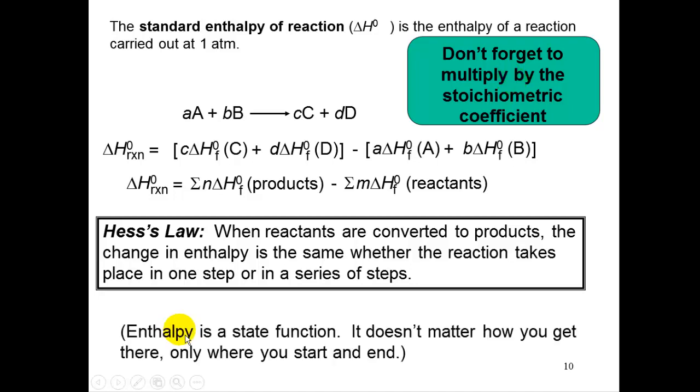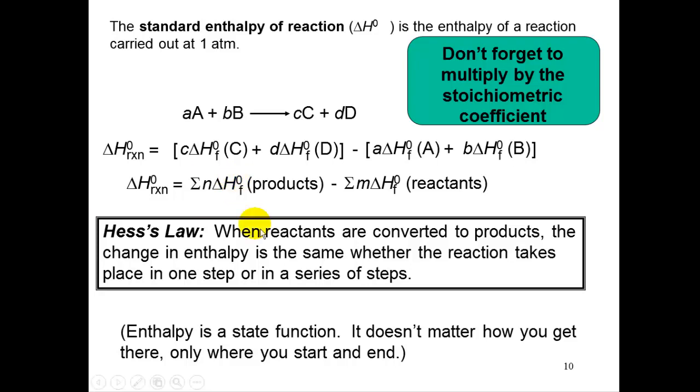The change in enthalpy is a state function, so we're only concerned with final minus initial. We're not concerned with the mechanism or how we got to that value. We're just concerned whether it's positive, endothermic, or negative, exothermic, and this products minus reactants, the sum at standard state, tells us that value. Now, these values of delta H formation under standard state conditions, you look them up in the back of the book or in a table.